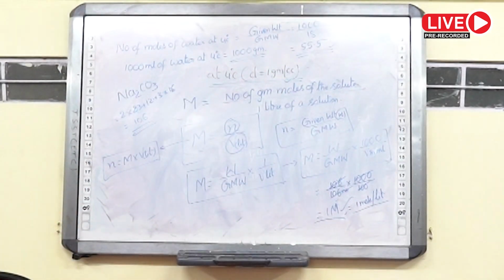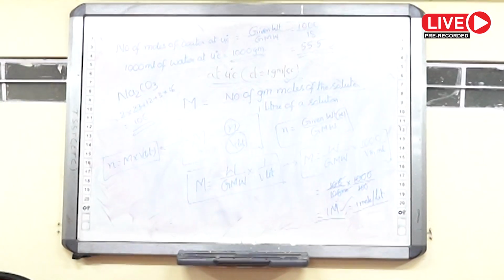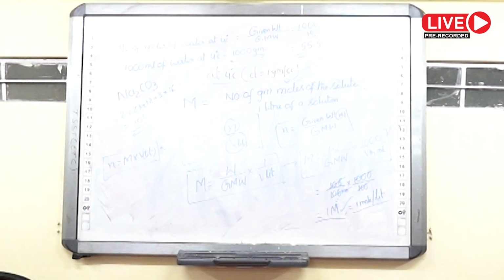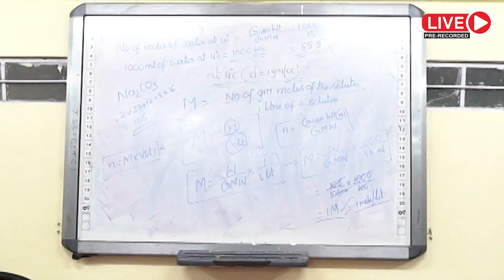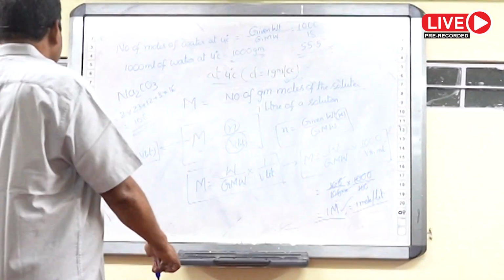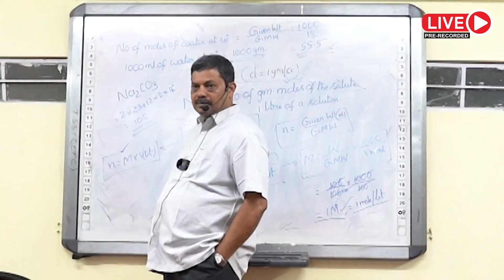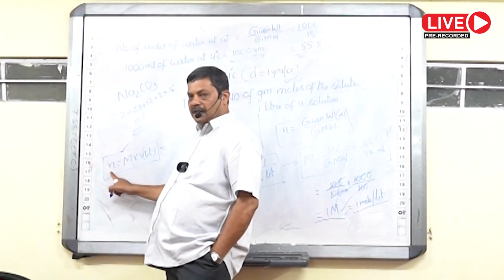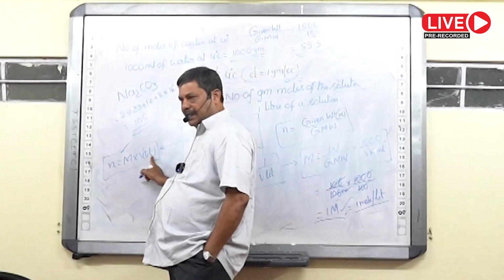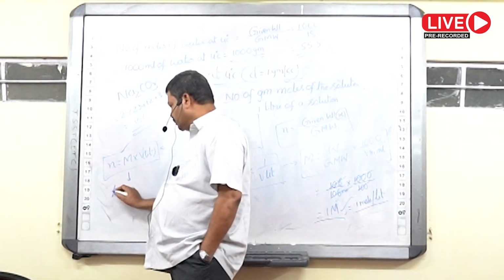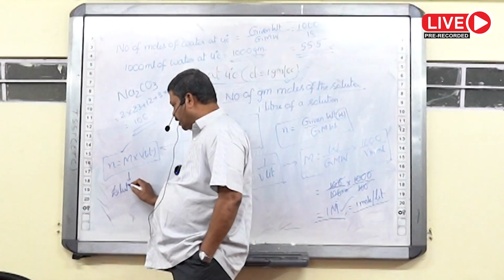Now in one of the formulae that are present on the board, you can see number of moles. N is equal to M into V in liters. Using this formula, we can derive what is called the dilution law.